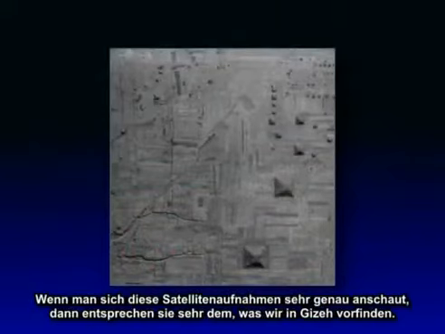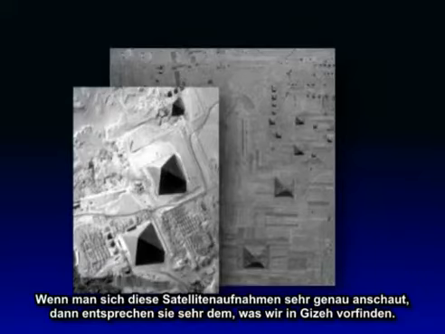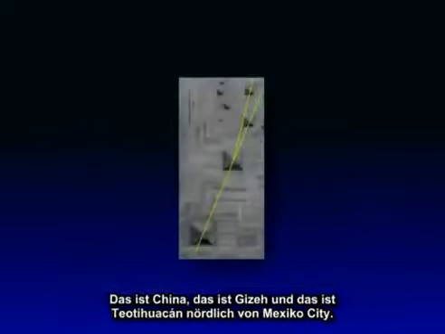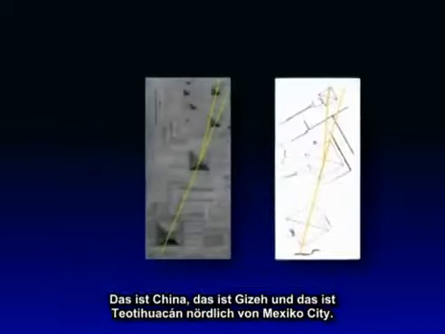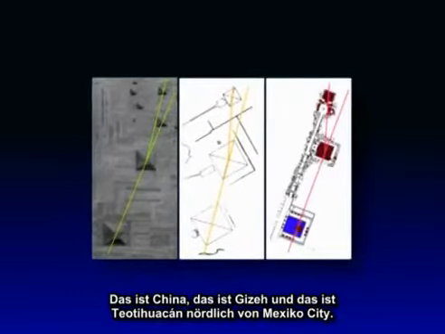And interestingly, when you look very closely at the satellite pictures of the pyramids, you find that they resemble very much what we find at Giza. This is China, this is Giza, and this is Teotihuacan, north of Mexico City.